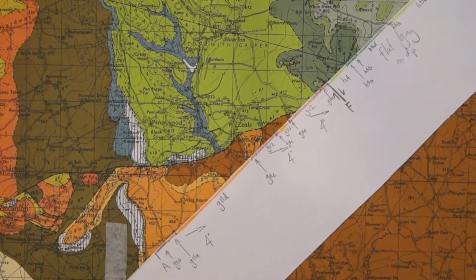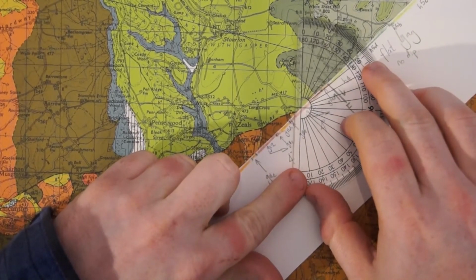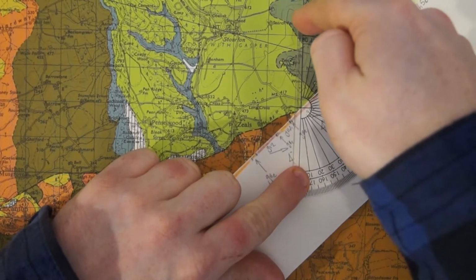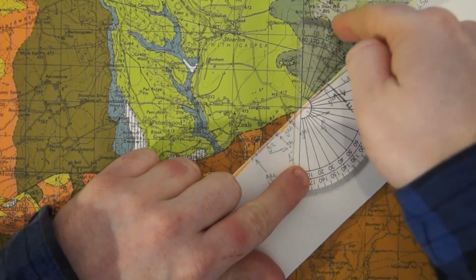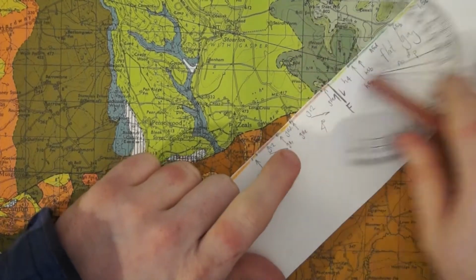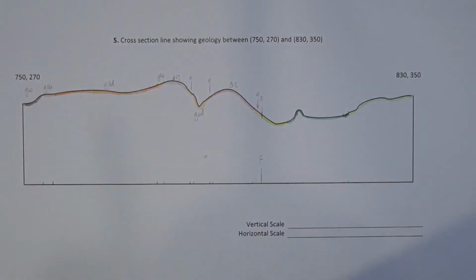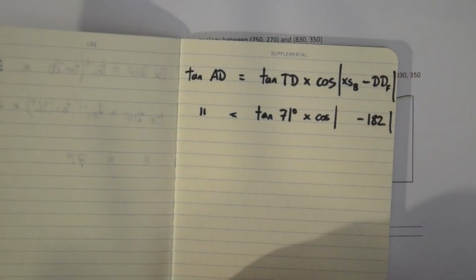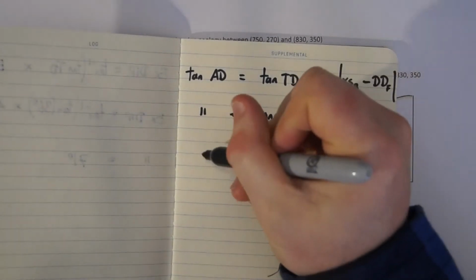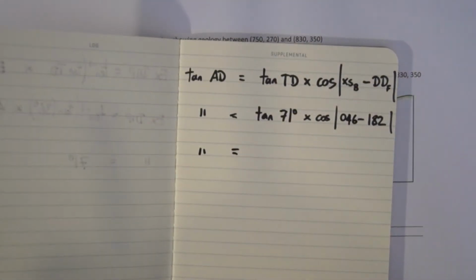So using my protractor and lining it up on a grid square corner, I can count around clockwise 10, 20, 30, 40, 46. So the bearing of my cross section is 046.